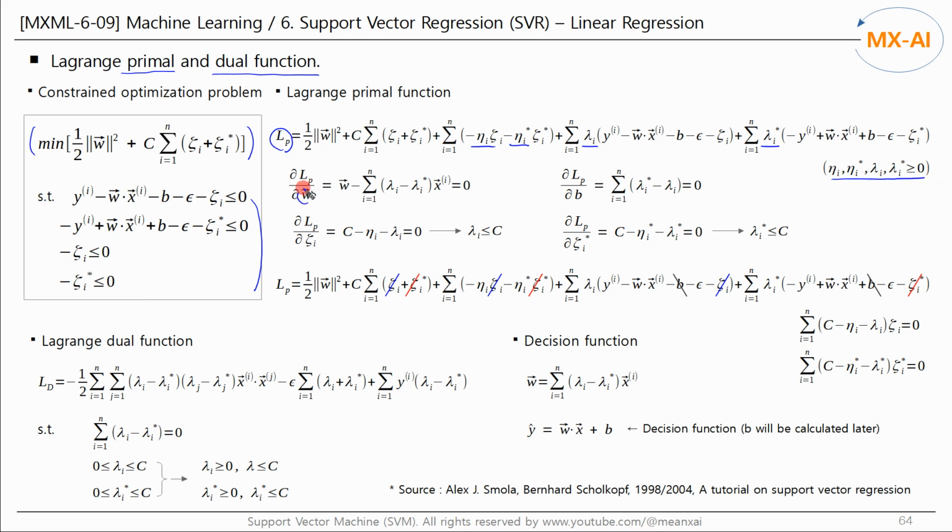Differentiate the primal function with respect to W, B, zeta, and zeta star. Then we can get the following expressions. Apply these equations back to the primal function. It is then summarized as follows. If we use this equation, then this, and this disappear.